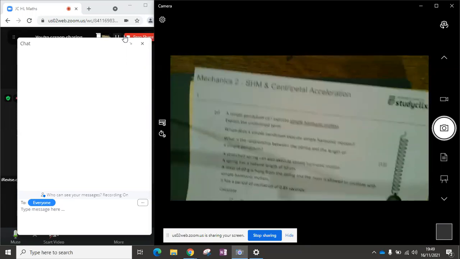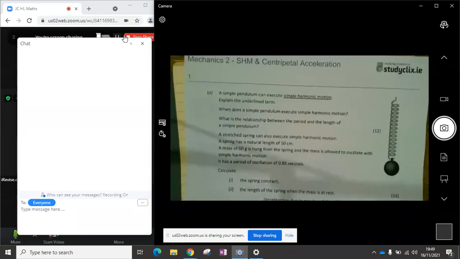So simple harmonic motion, we're talking about pendulums, we're talking about springs. A simple pendulum can execute simple harmonic motion. Explain the underlying term. Okay.